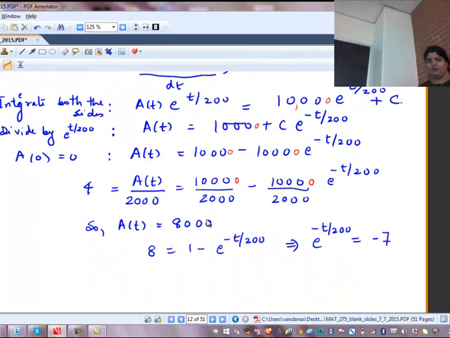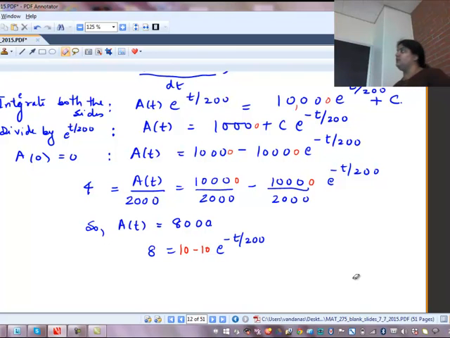8000 will remain like that, but if I am dividing by 1000, there is a 10 here, and I have 10 here also, right? Okay, now this makes sense, because we are not getting a negative value, since an exponential function cannot be negative.